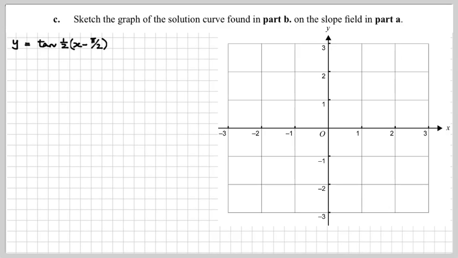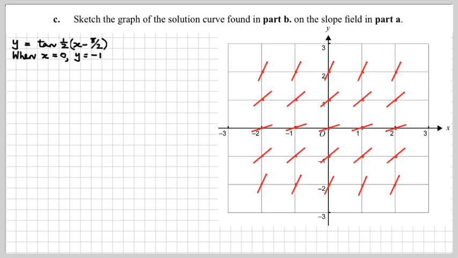Well, I'm trying to get all my facts and figures together so I know how to sketch this thing that we found in part B. When x is 0, that'll be the y-intercept, won't it? Right, there's the slope lines that we got from before. So that's our y-intercept.